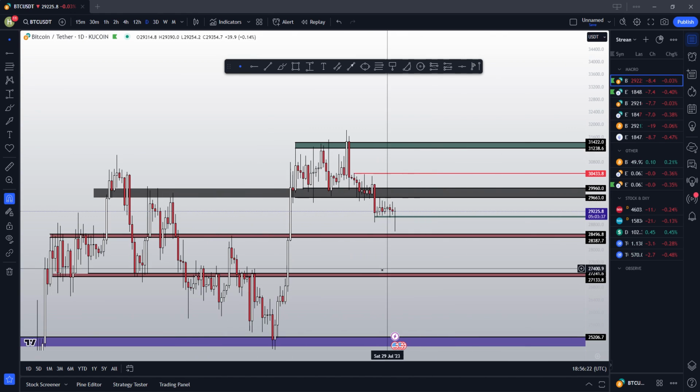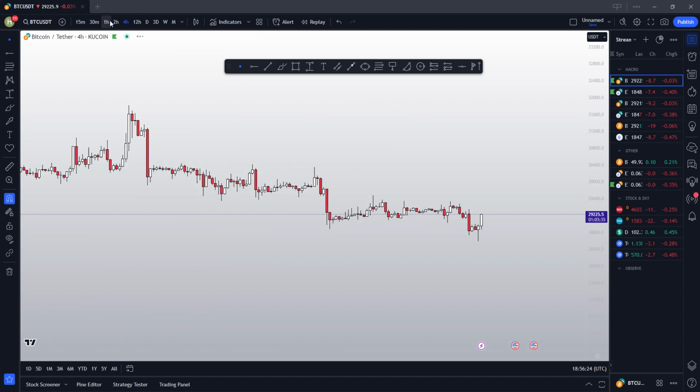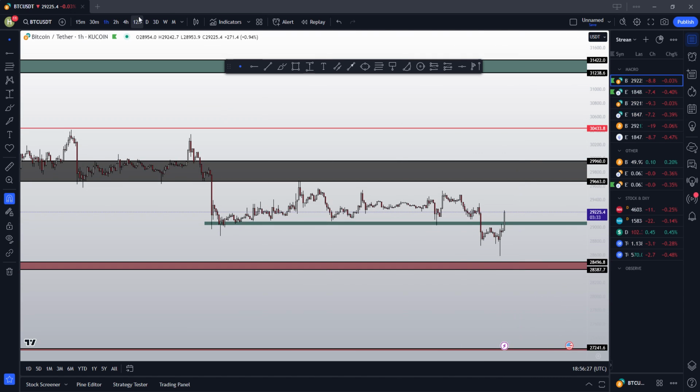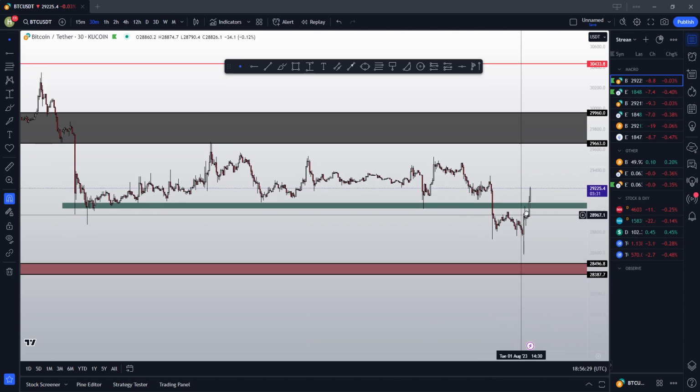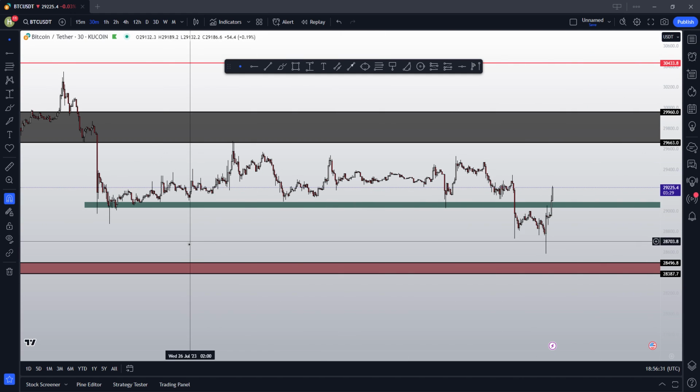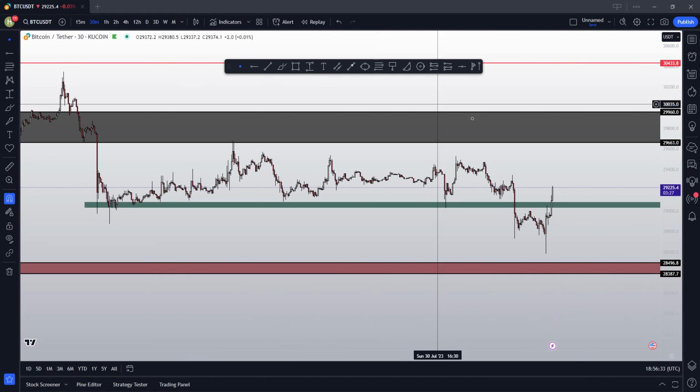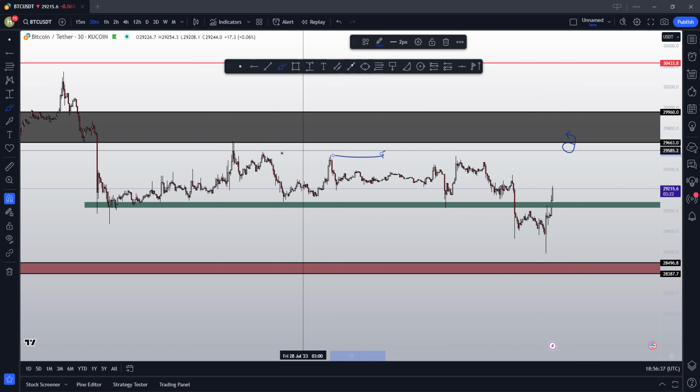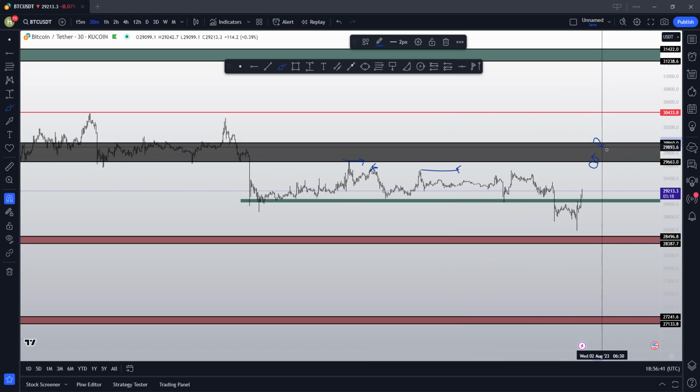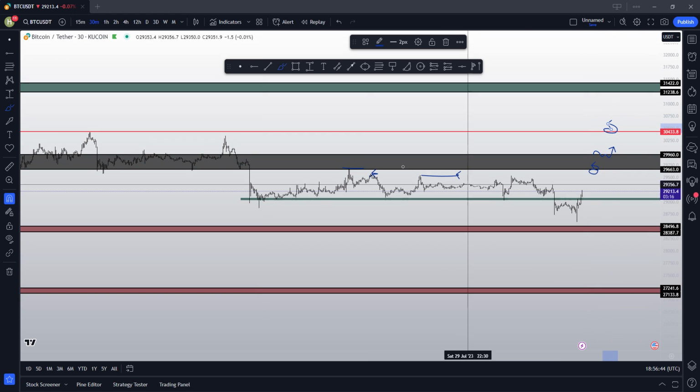On the short term, in my opinion, we have a bullish power of 3 here on lower time frames, a deviation with a target at this zone here, taking all the liquidity of these highs, but we have to fix above the 30k to talk about here.